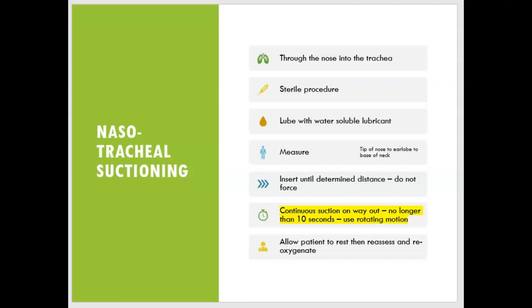But we're going to lubricate with some kind of water-soluble lubricant when we go through the nose so that the tube can slide through better. We want to measure the suction catheter before we put it into the person's nose. But you have to remember that this is a sterile procedure, so you cannot put it against the patient's face to measure.